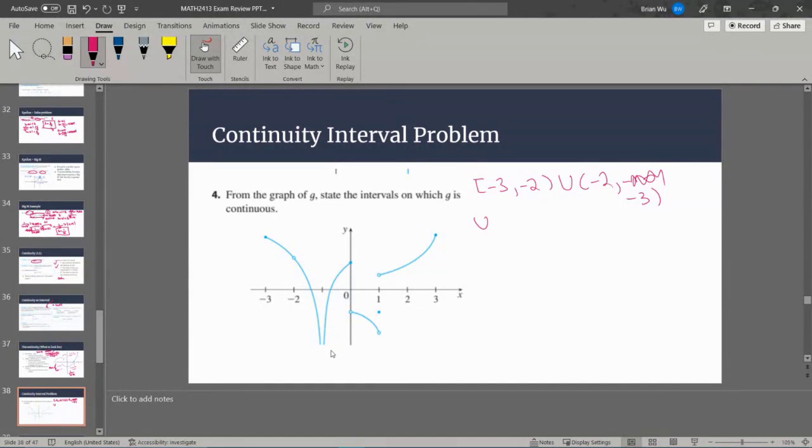And then union, and we have -3. And it stops at 0 because there's a jump. That 0 is defined, so we have a closed bracket. And then it's unioned with open 0 to 1. Even if 1 is defined, it's not at any of our limits, so it doesn't count as continuity.